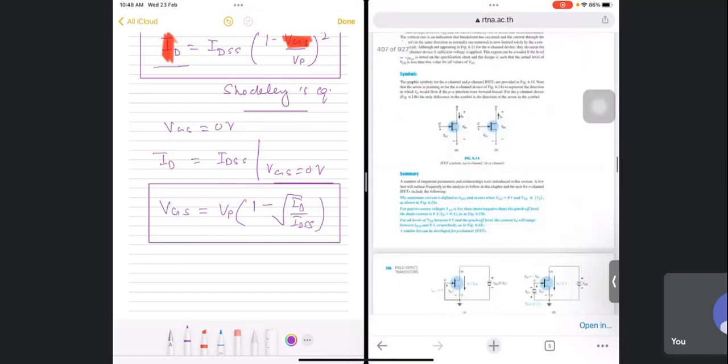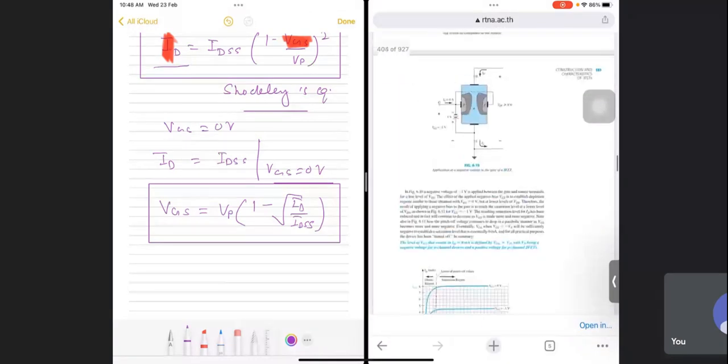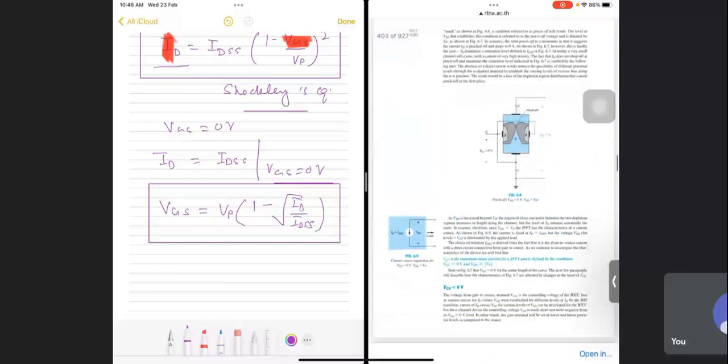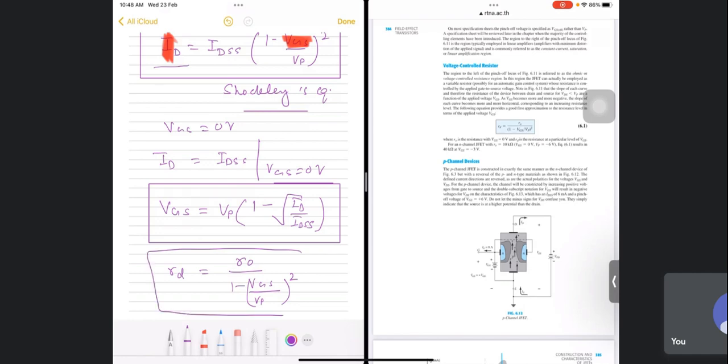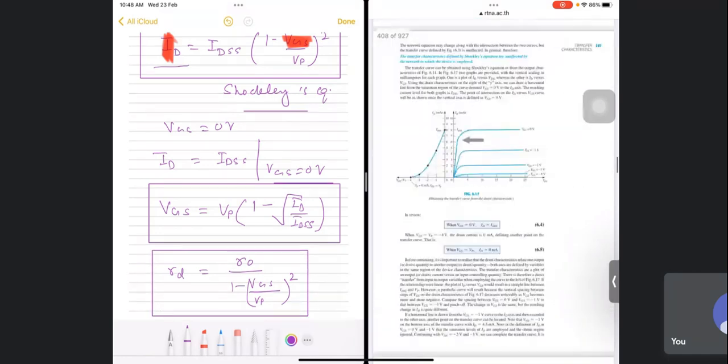And RD is also given here. If I see here, dynamic resistance is equal to resistance at 0 volt, like this. These are a few of the formulas which you can use.